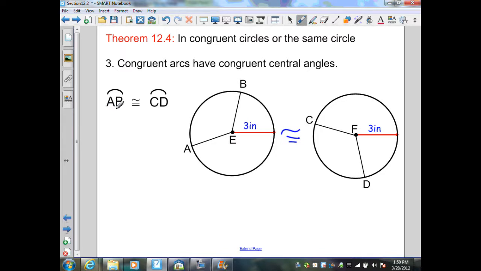Here, I know that arc AB is congruent to arc CD. Therefore, I know that the central angles related to those intercepted arcs are congruent. So the central angle related to arc AB is angle AEB. And I know that is congruent to the central angle related to arc CD, which is angle CFD.